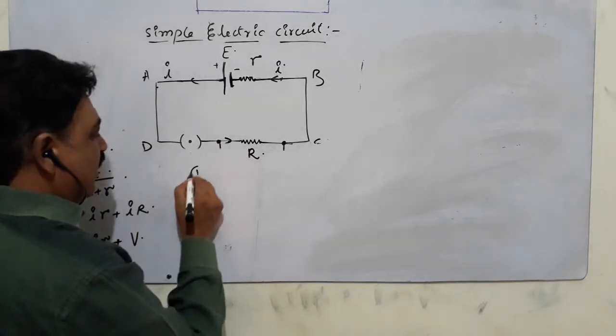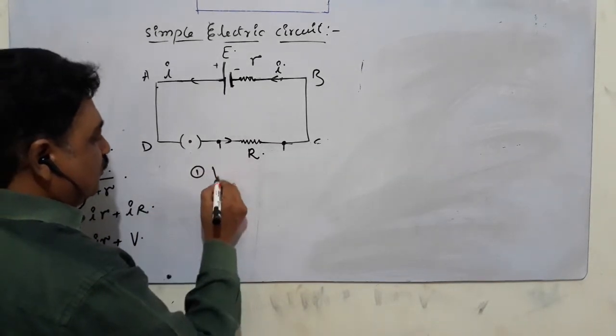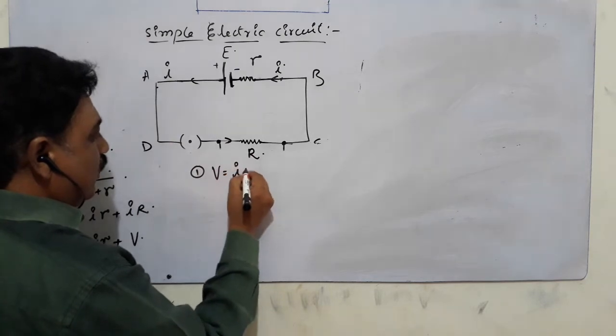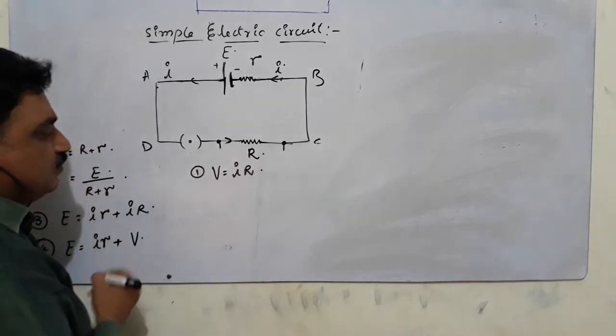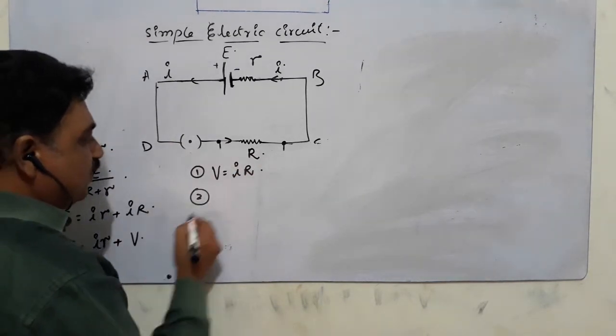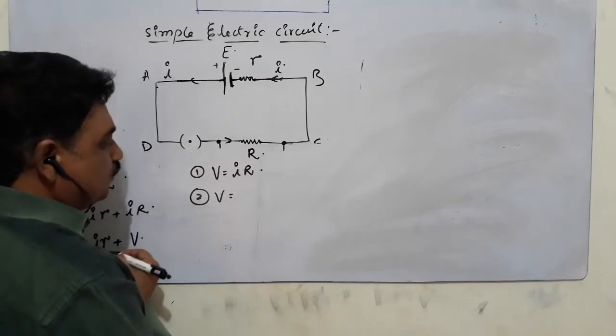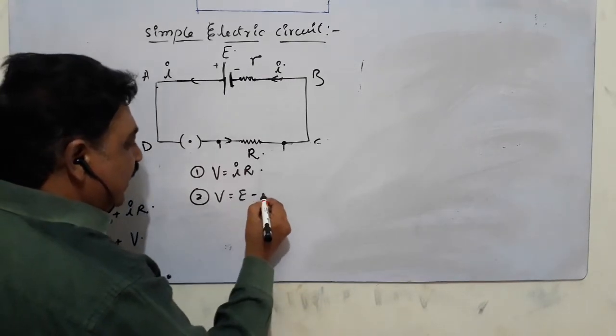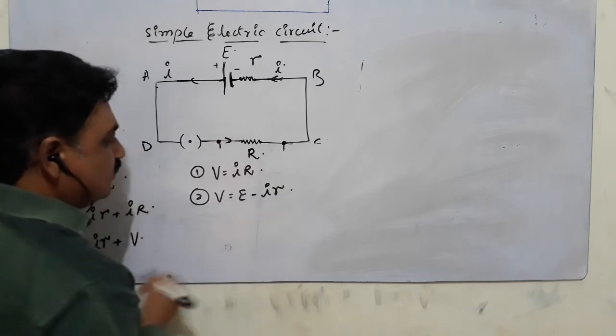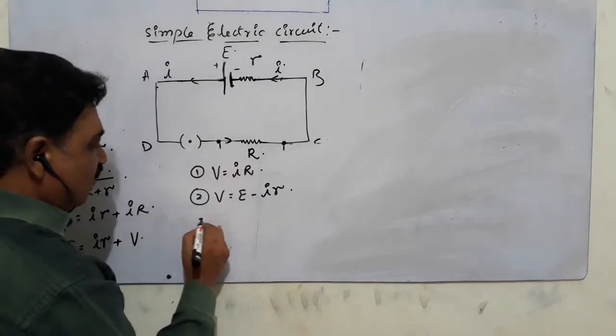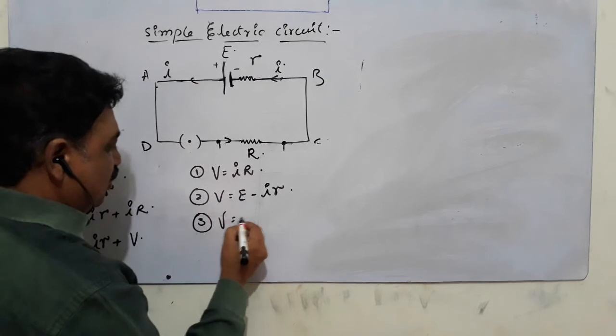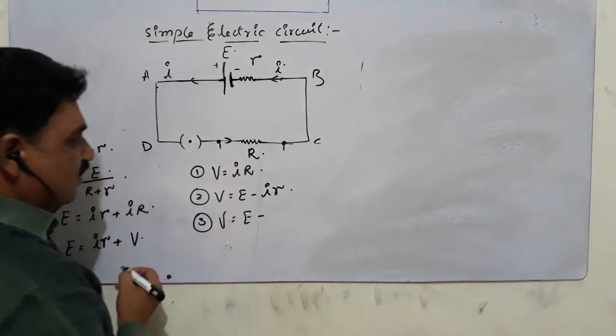Now, formula for terminal voltage: V is equal to IR. Second formula, V is equal to E minus Ir. Third formula, V is equal to E minus, what is I?